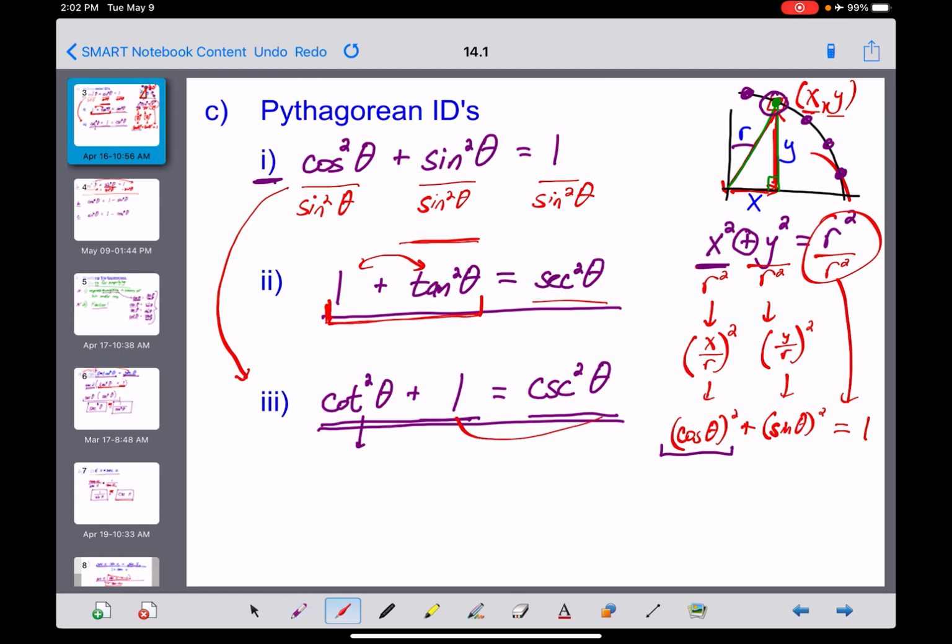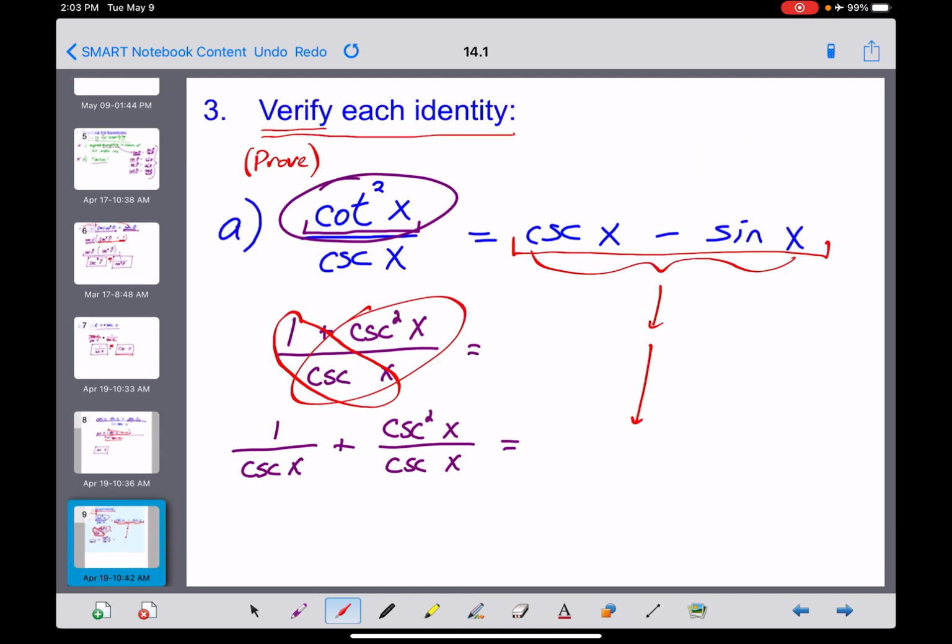So if I had brought this 1 to the other side, it should have become cotangent squared of theta is equal to cosecant squared of theta minus 1. I was thinking I was looking at cosecant there. Sorry. So that's what I should have turned the cotangent squared into. Cosecant squared minus 1.